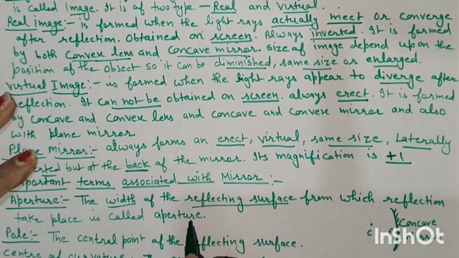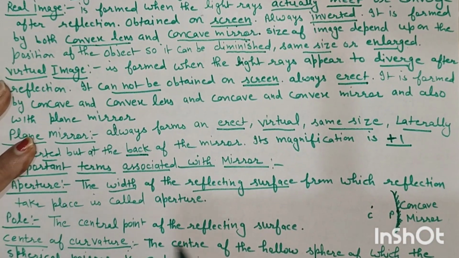Now the pole. Pole is the central point of this reflecting surface, and it is denoted by P. Now center of curvature. Center of the hollow sphere of which the spherical mirror is a part.